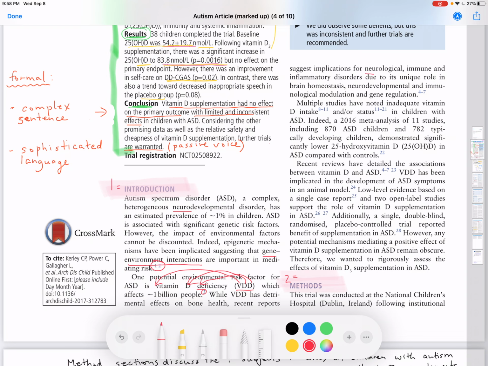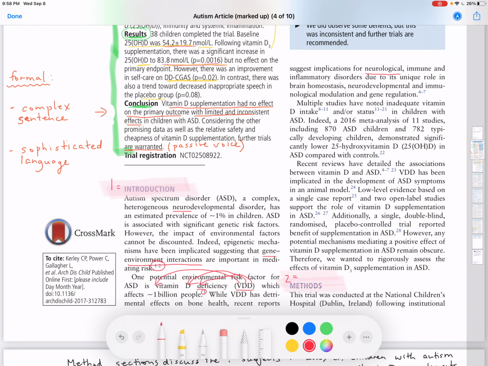We learned previously that ASD is a neurological disorder, so we can begin to see a possible link. If vitamin D affects neurological development and ASD is related to it, can you see the link that the author is trying to make here? Okay, let's go back.